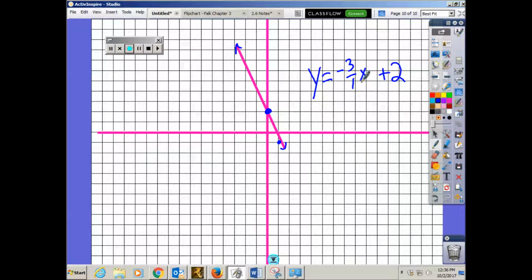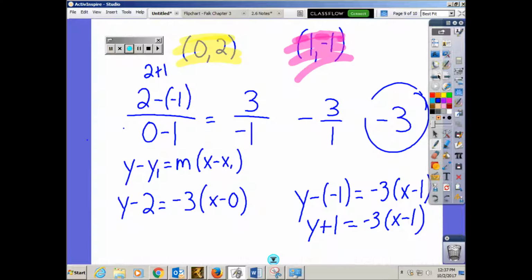Down 3 over 1 is a slope that we found of -3, correct? So I'm going back here and just reviewing. If I plotted these 2 points and I drew a line, I get an equation. What we're doing here is we're writing these equations without graphing.